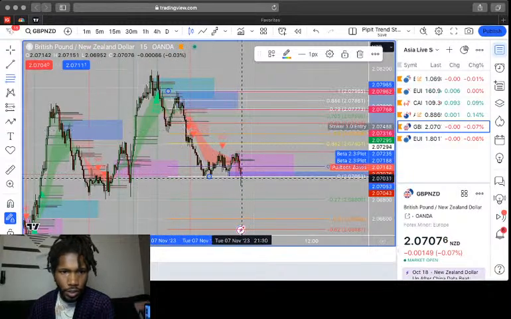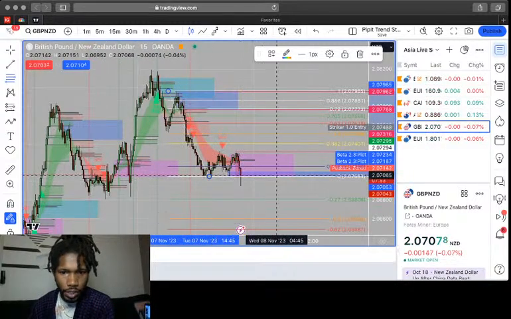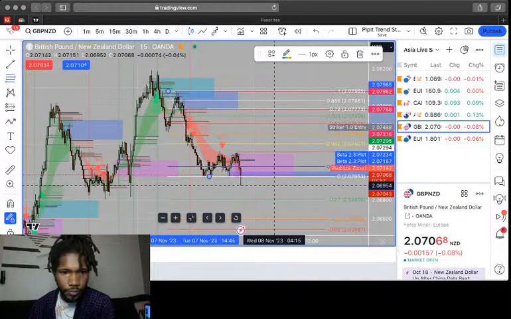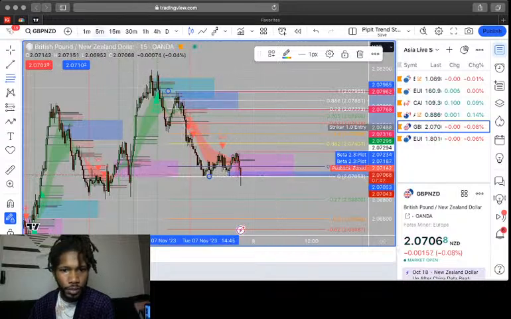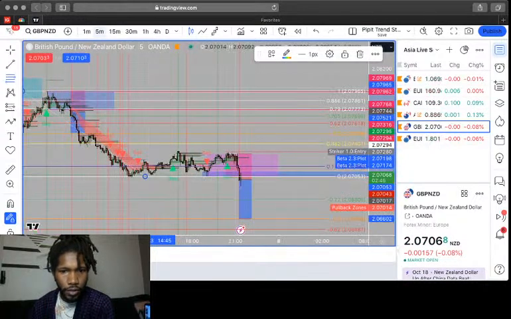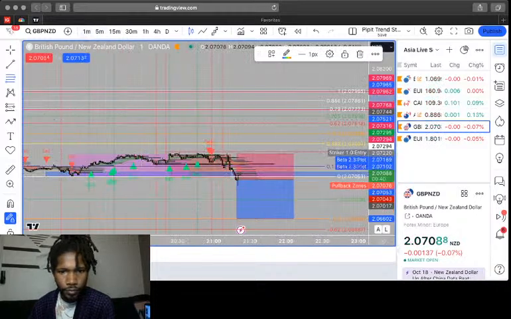Yeah, look at that, see? Even on the 15, we get this nice wick action. That was a stop hunt. Got the nice wick action, pulling to the upside, pulling back on that entry. Look at that.